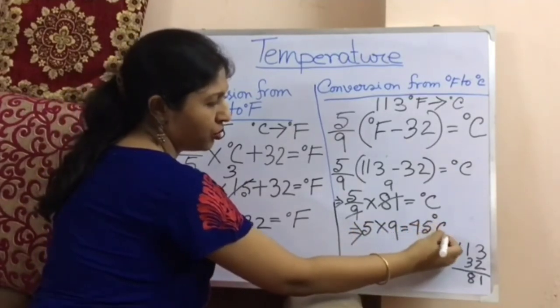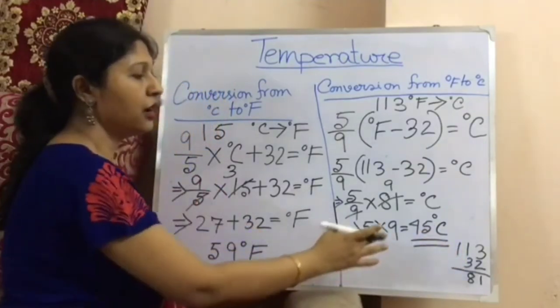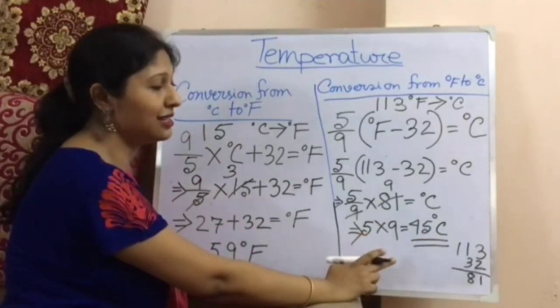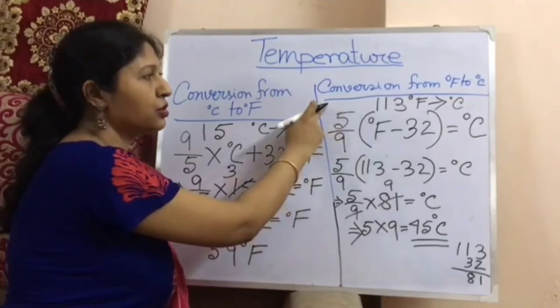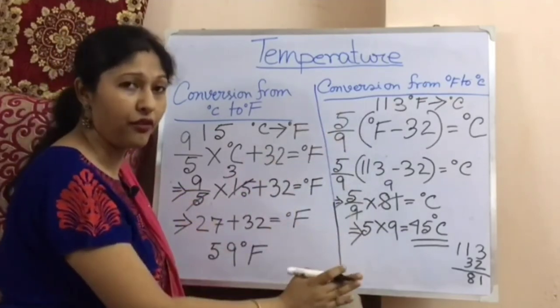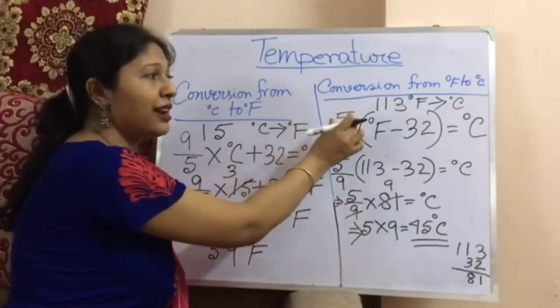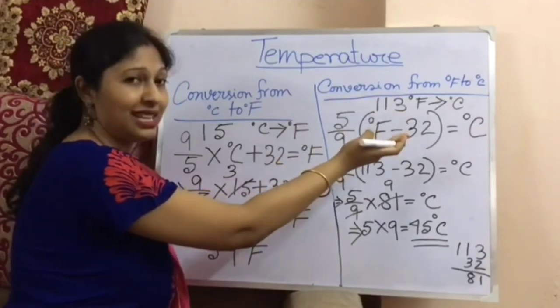So we got our result, 45 degree centigrade. This is the way we can convert any Fahrenheit value to Celsius.